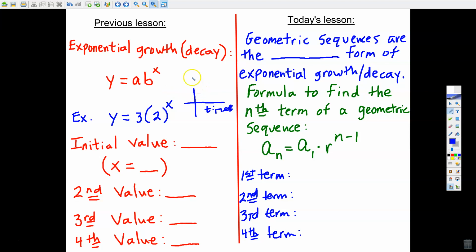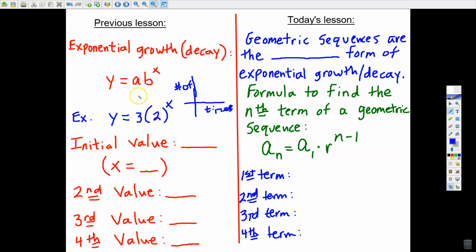Then we have whatever the item is that's growing. Obviously there's no such thing as negative time, so we start at time 0, in other words, x being 0, which will give us the initial value.